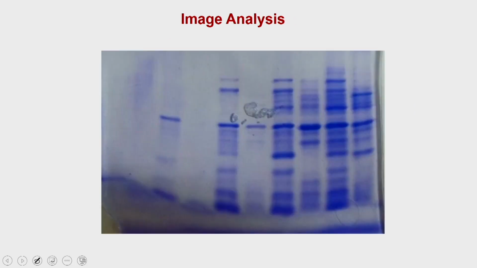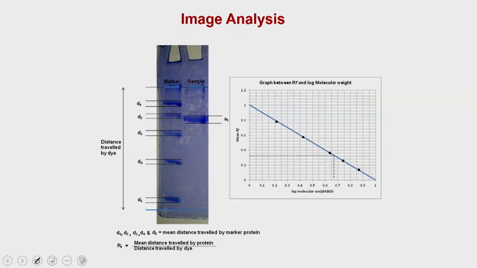Then we also discussed in-depth image analysis using different software. The point we covered while discussing image analysis is how you can use it to calculate the molecular weight of unknown proteins.